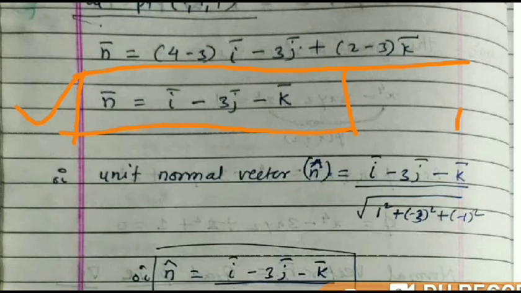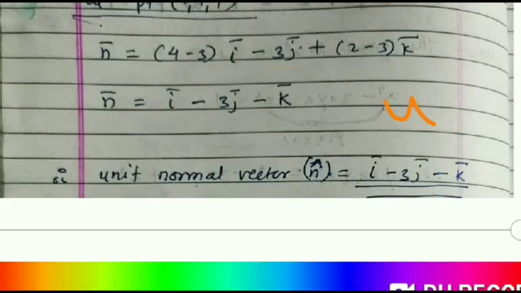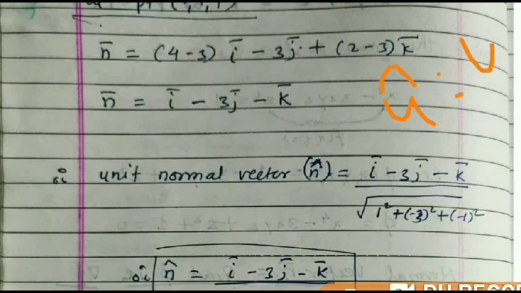Now to find the unit normal vector: the general formula of a unit vector is u cap equals u bar upon mod u.